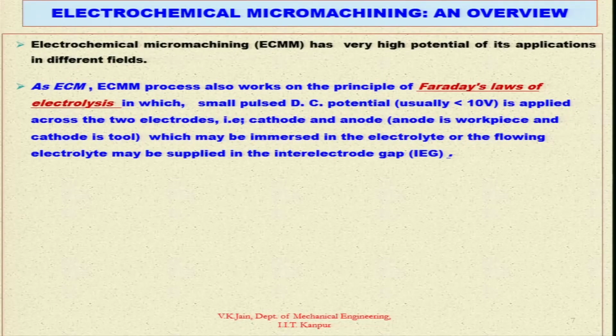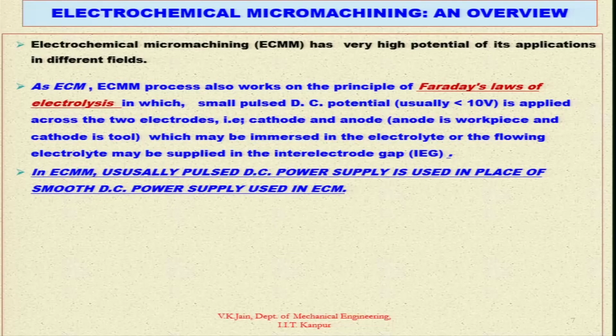The ECMM process also works on the principle of Faraday's laws of electrolysis, in which a small pulse DC potential, usually less than 10 volt in case of ECMM, is applied across the two electrodes, that is cathode and anode, where anode is the workpiece and cathode is the tool, which may be immersed in the electrolyte, or the flowing electrolyte may be supplied in the inter-electrode gap.